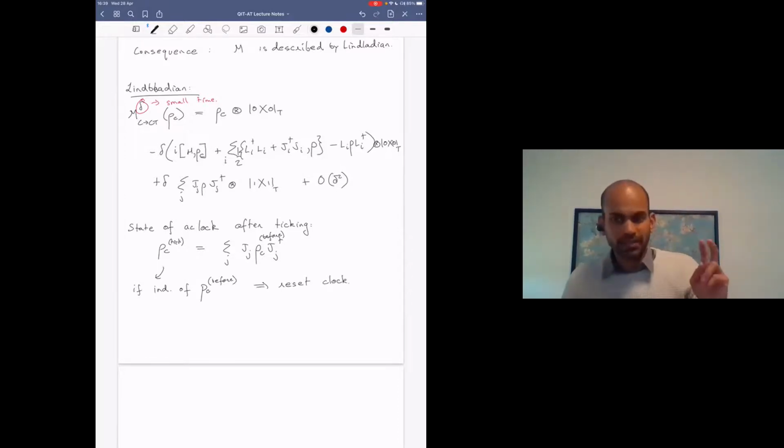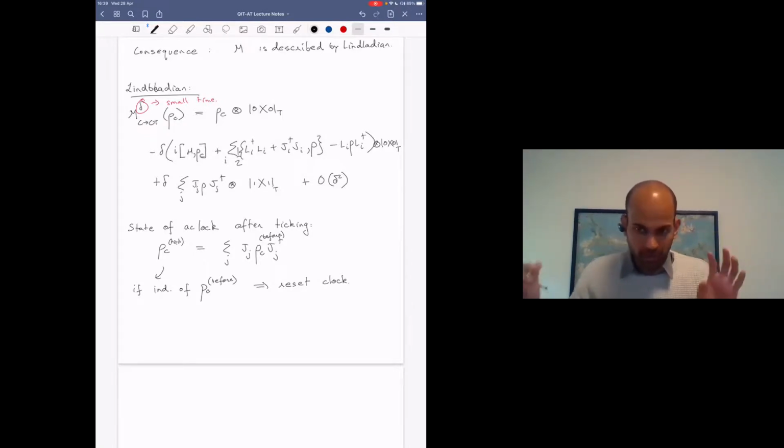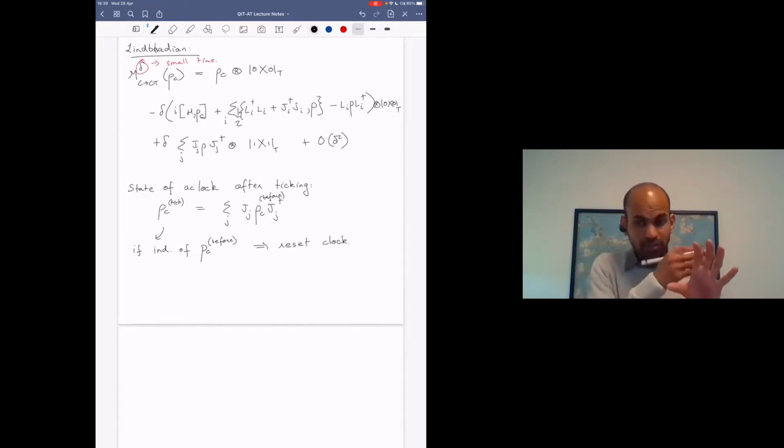This is just to say that if the clock has the property that every time it ticks, it returns to the same state, no matter what state it was in as it said tick, then we call it a reset clock because it always returns to the same state. The reason a reset clock is interesting is that since it returns to the same state, the next tick of the clock is going to be completely uncorrelated with the previous tick.